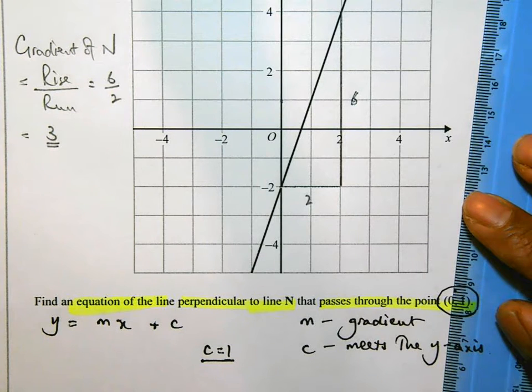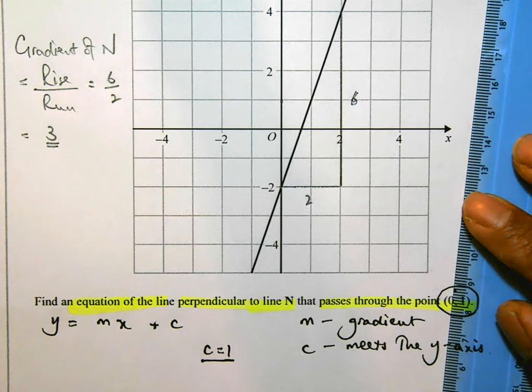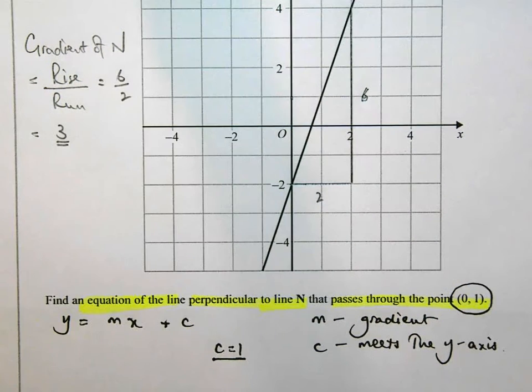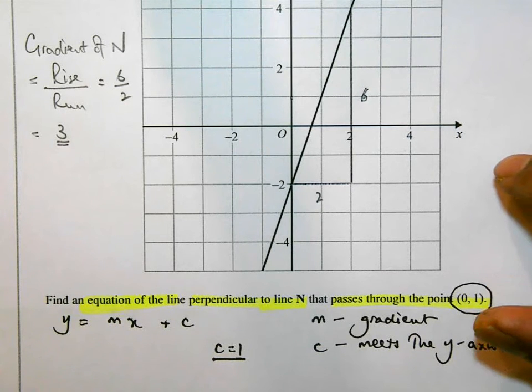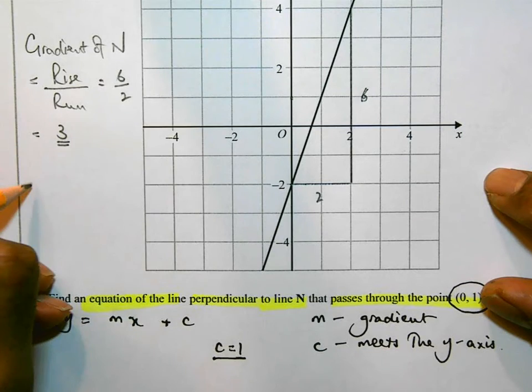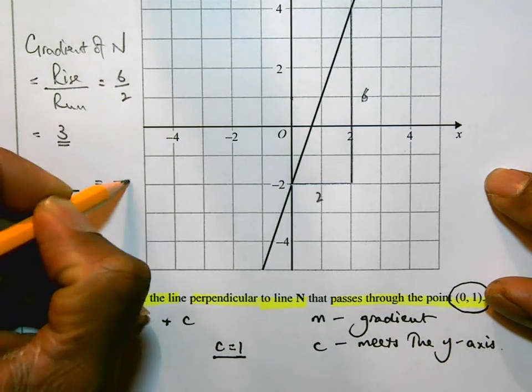Another maths fact that you need to know is that the gradients of perpendicular lines multiplied together give you -1. So 3 times something is going to give me -1.